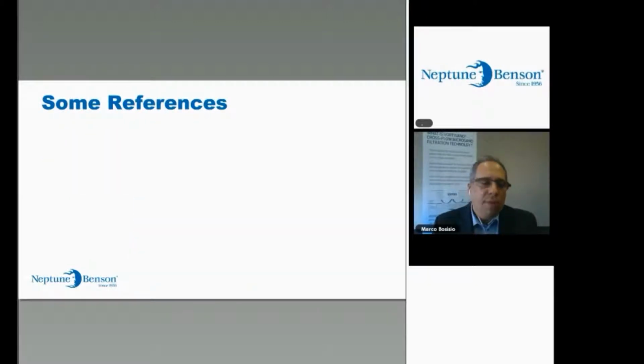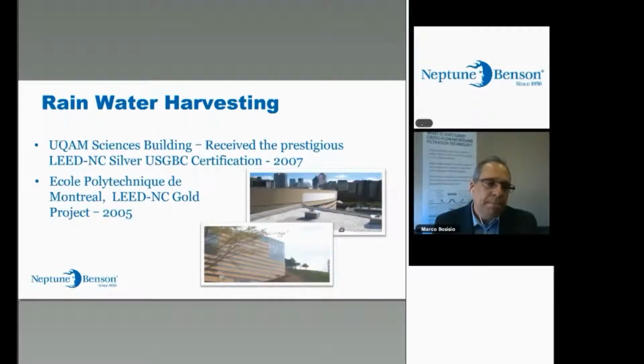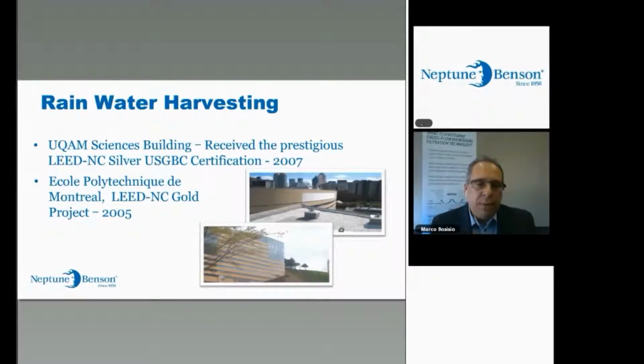Let's go over some references and see what we have. It could be very simple, just a polishing step to recuperate rainwater, for example, back to the gray water network. It has been used in at least 2 different places.